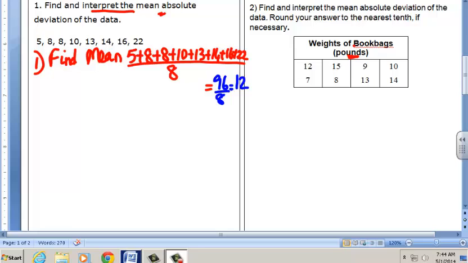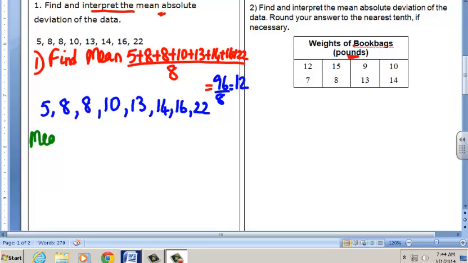Now rewrite the numbers, because you have to figure out how far each number is from the mean. So rewrite the numbers, then write down your mean, which in this case is 12.